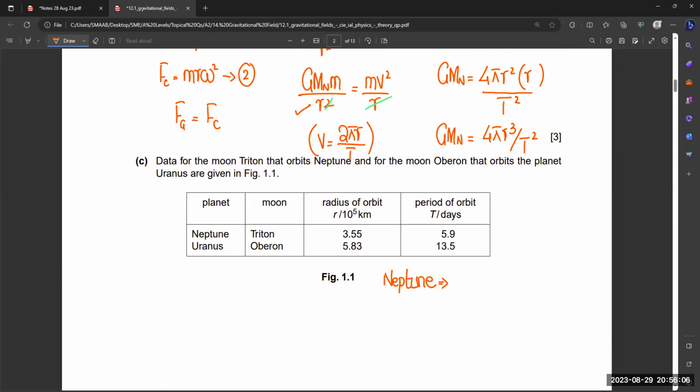Your mass will be equal to 4 pi square r cube over G into T square, right? Yes. 4 is the number, pi is equal to 3.142, and the time for Neptune is 5.9.